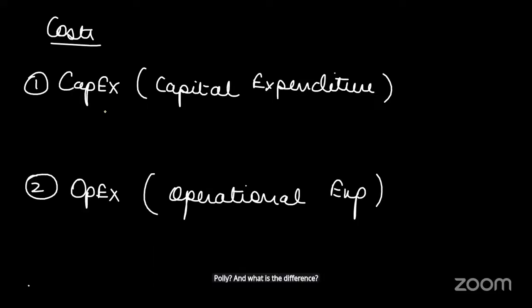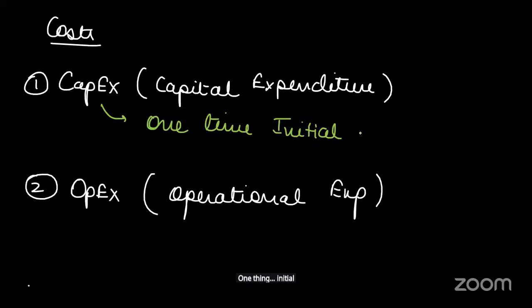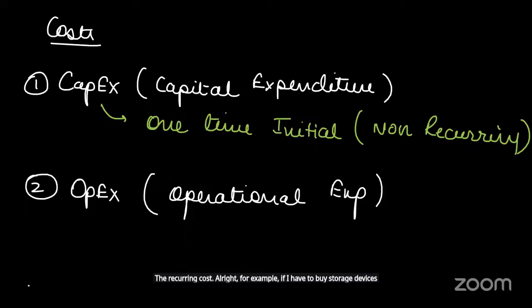If you see closely, CapEx is a one-time initial, that means non-recurring cost. For example, if I have to buy storage devices, if I want to buy servers, I'll not go around buying servers every day for my data center. I just need the server for the initial setup. Once I bought it, I don't have to buy it again.